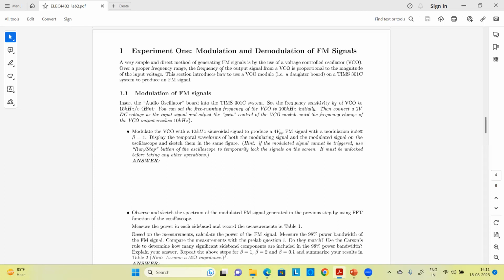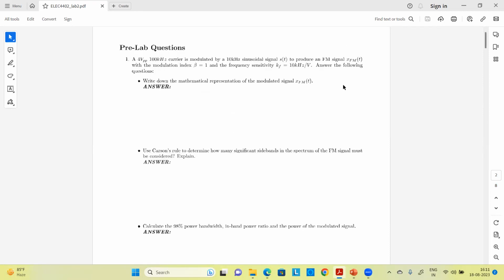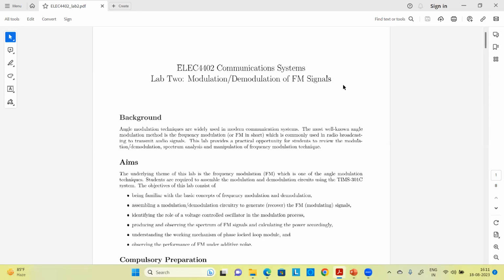With respect to experiment one, experiment two, here is something that you will be doing in the lab. Only when you do it in the lab do you understand the thing. What I can do is teach you the concepts of communication properly.